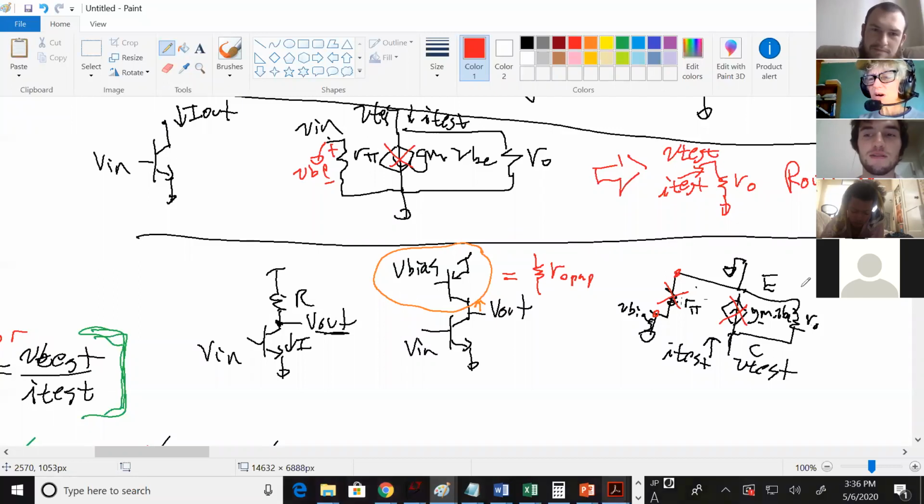Okay, in the model, what does this branch represent? So each branch represents the change in IC for a different voltage. So what's the RO branch represent? The change in IC relative to VA?